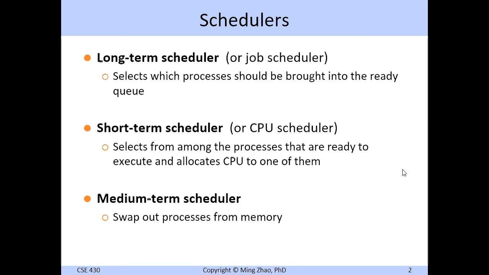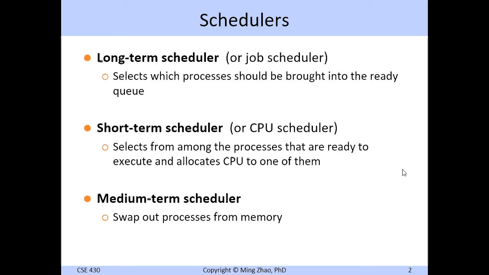Before we talk about the CPU scheduler, first let's review the different types of schedulers we have learned so far. There are three levels of schedulers on a computer. We have the long-term scheduler, which is also called the job scheduler. It selects which processes should be brought into the ready queue.